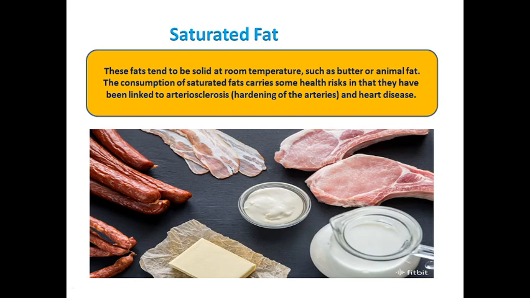As a result, the hardening of the arteries takes place and heart disease may occur. Saturated fat usually comes from animal products, like the cream from milk, the fat in meat, butter and cheese. They are all examples of saturated fat.